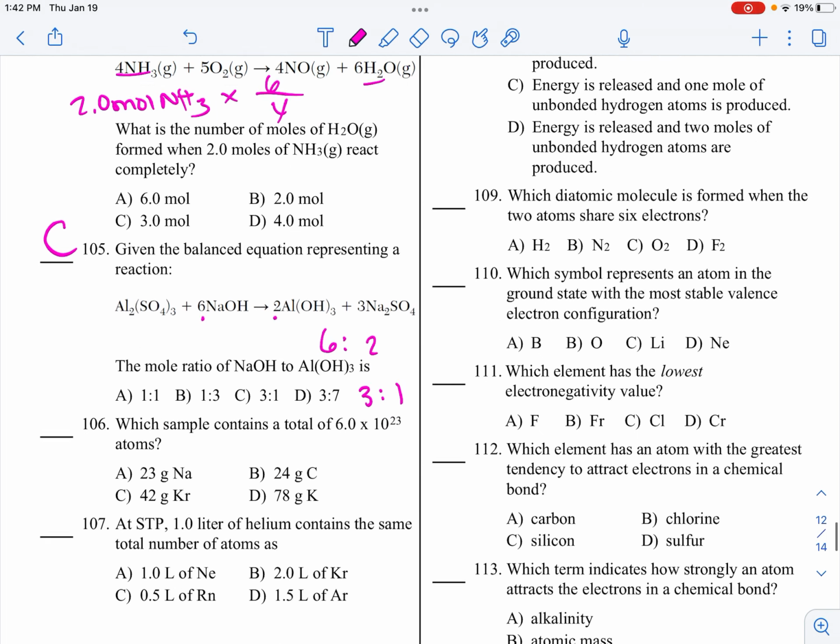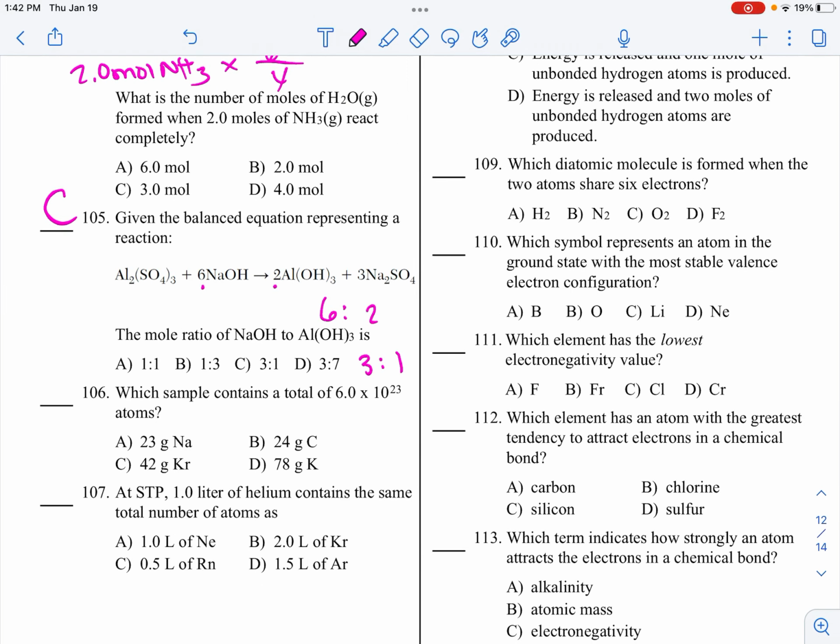Which sample contains a total of 6.02 times 10 to the 23rd atoms? This is 1 mole. So 1 mole is equal to Avogadro's number, 22.4 liters, and also the GFM. So it's looking to see which one of those is lined up with their proper GFM, which is A, sodium. The mass of sodium is 23.